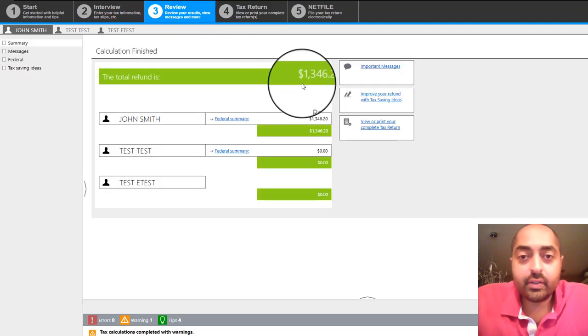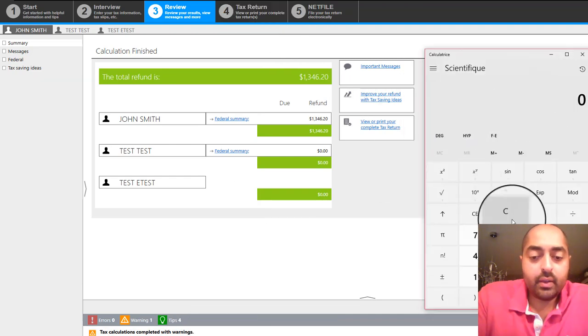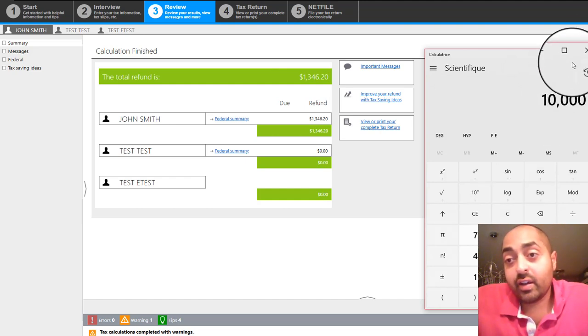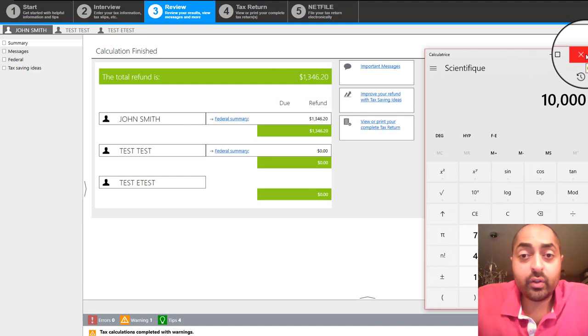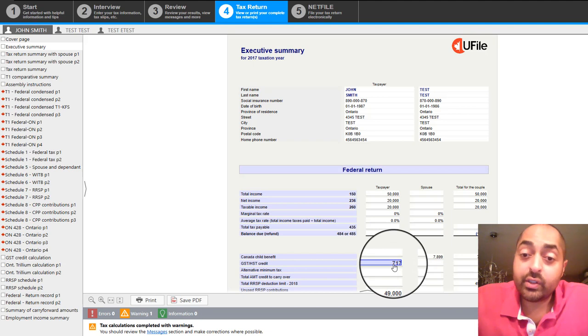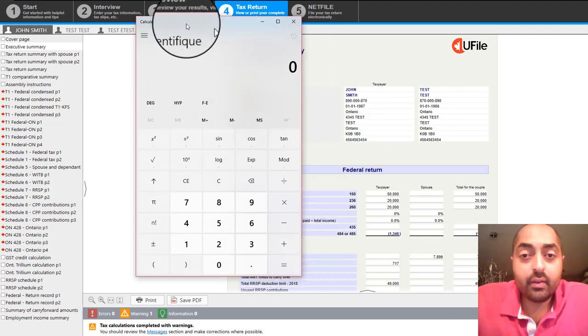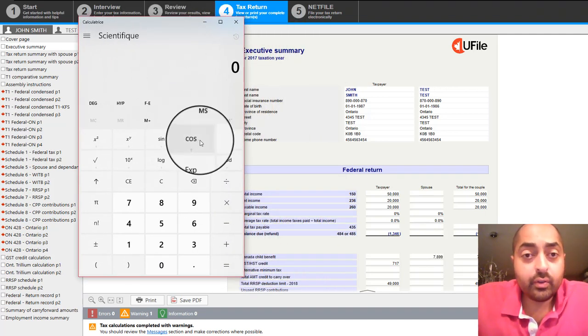Of course, he's getting the same refund that we calculated before. So he went from 8,700 plus his 1,300. So he got a $10,000 tax savings by contributing 30,000, by having a spouse that has no income, and by having a child. But if we look at the other credits, he's getting GST of 717 plus 7,900 of child benefit versus the 5,800 in the 10K RSP contribution example, or versus the 5,100 in the zero RSP contribution.